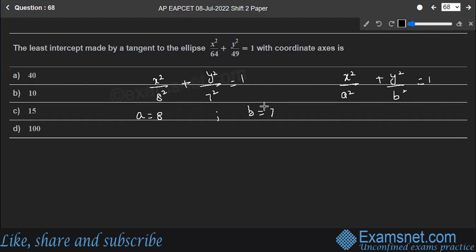Now, when the intercept made by the tangent on the coordinate axes is minimum, then the least value of the intercept will be, wait, I'll write it down.